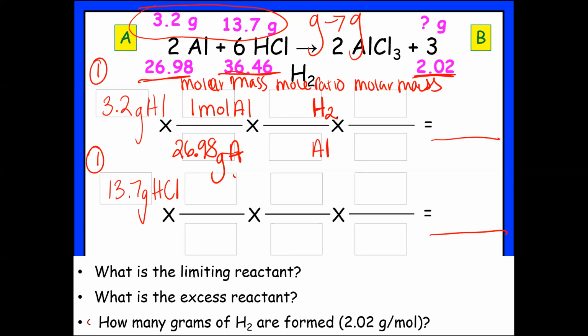For Al, would you put 2? Yes, for Al it's 2. And then 3, this is for H2. And then we're doing molar mass because we're solving for grams of H2. So what would I put on top and then what would I put in the bottom?